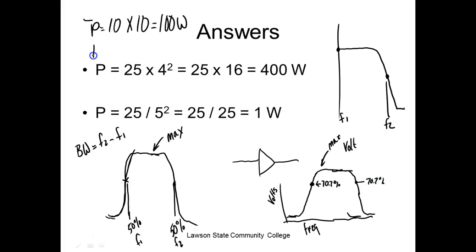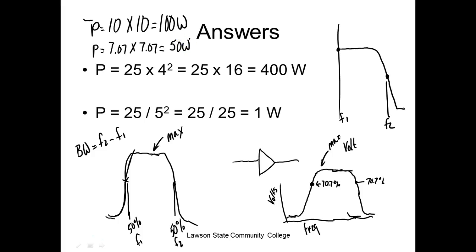Let's do that. Say I decrease the voltage to 7.07. Then my current is going to go to 7.07 as well. And what's that power? It's going to be 49.9. That's 50 watts; we're rounding, right? You understand?